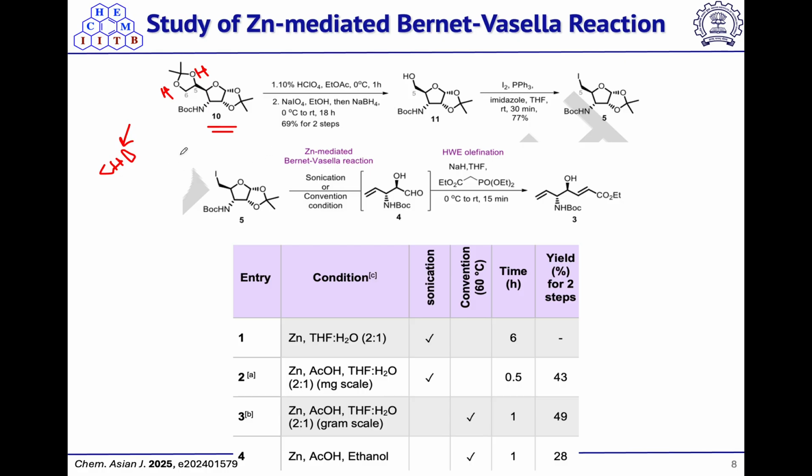This aldehyde reduction will happen to give this primary alcohol. So first is the 1,2-diol, then the oxidative cleavage in the presence of NaIO4 gives this aldehyde, and this aldehyde gets reduced by NaBH4, so you get this primary alcohol. Okay, any doubt in these three steps?